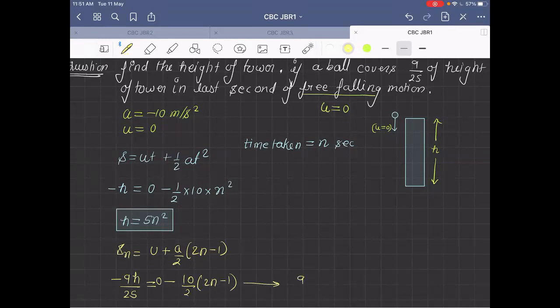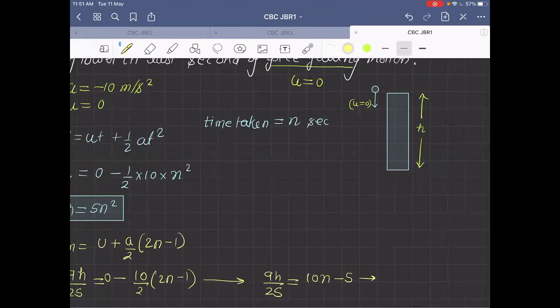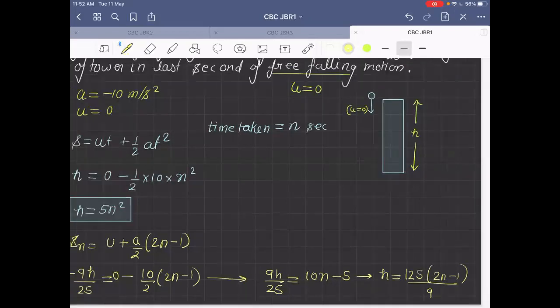So this will give 9h by 25 equals 10n minus 5. Okay, so our last equation which we are looking for is h equals 125 multiplied by (2n minus 1) divided by 9. This is the thing we are looking for.